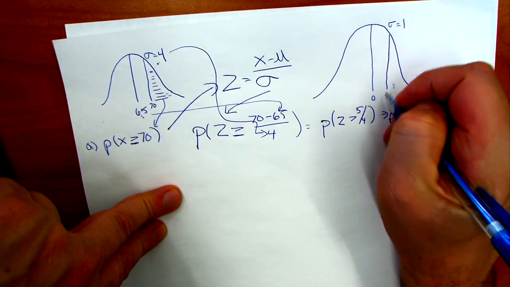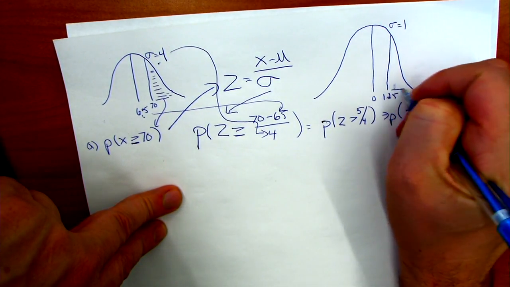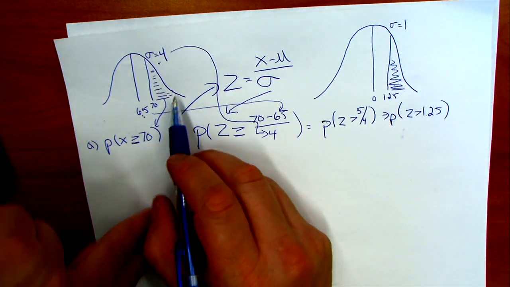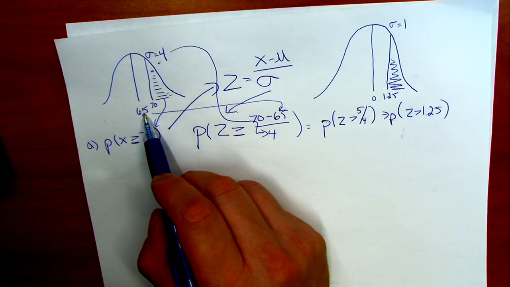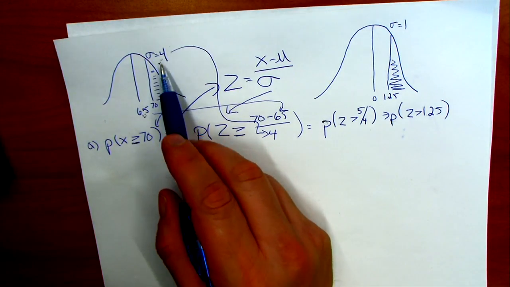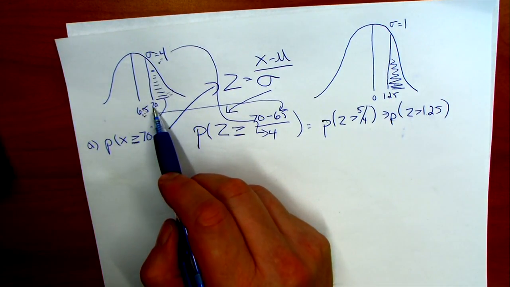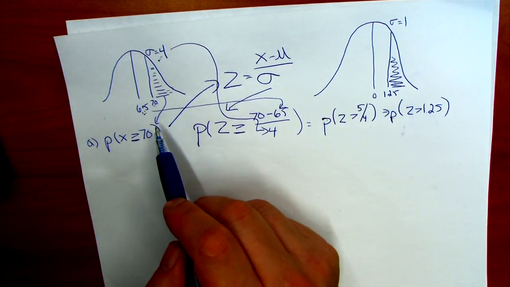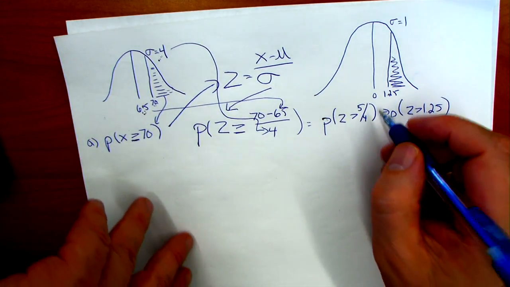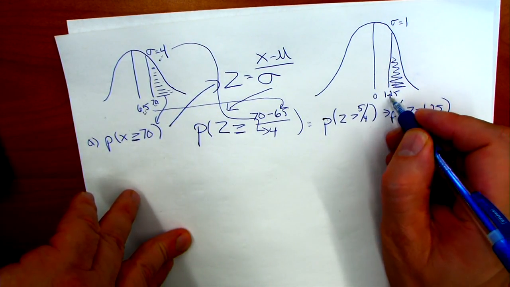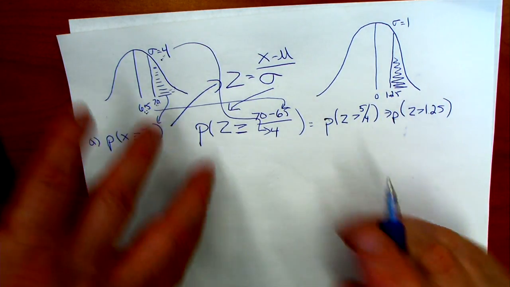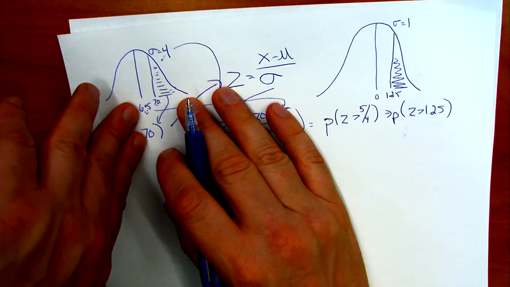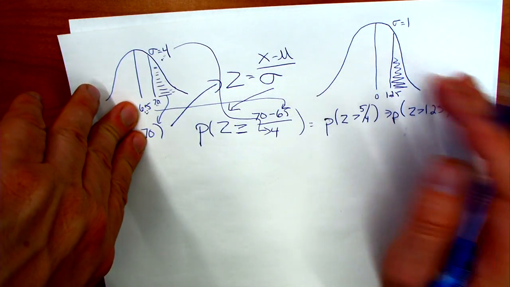And we're saying the odds that on a non-standard curve with a mean of 65 and a standard deviation of 4, we get more than 70 miles on a gallon of gas is the same as in the standard world that z is greater than 1.25. So all we've done is translated something we don't know anything about to something we know everything about.